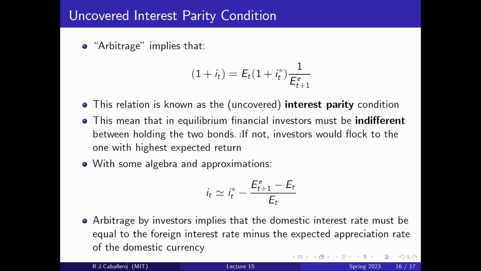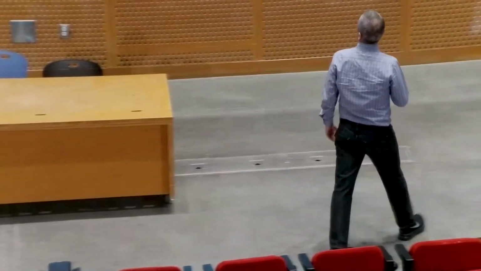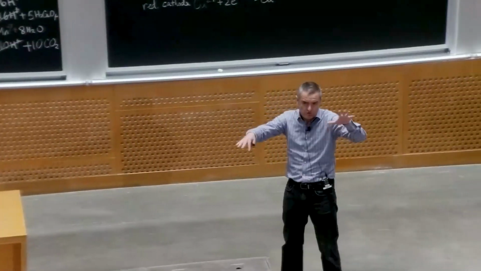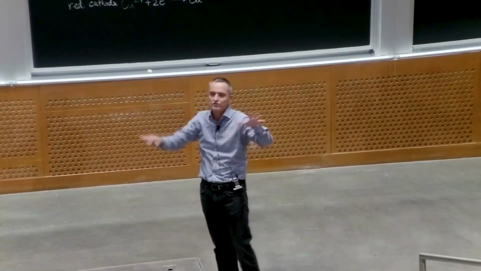That's called, and it's a very important concept in international finance, the uncovered interest parity condition. Don't ask me why it's uncovered, but it's the interest parity condition. And again, that one in particular is called the uncovered interest parity condition. This just tells you that in equilibrium you have to be indifferent between investing in one bond or the other.